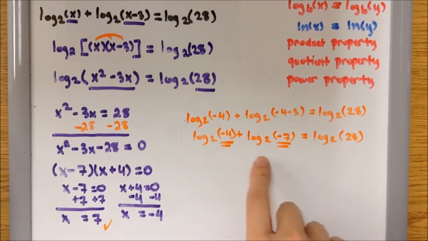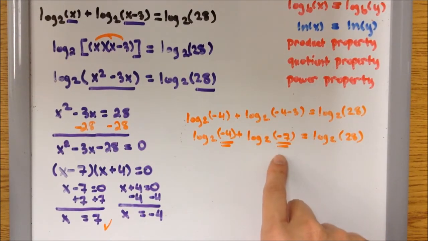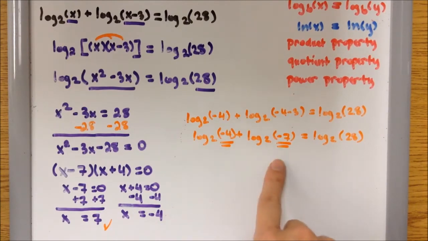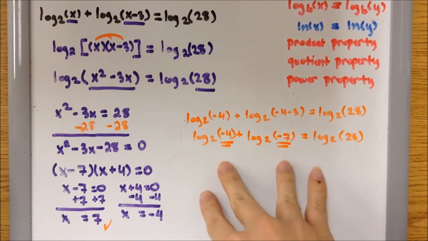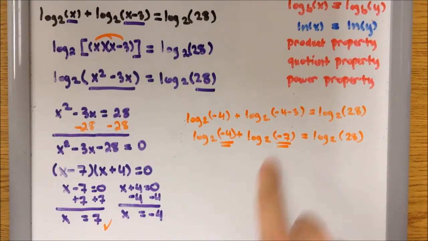After I combine negative 4 and minus 3, I get log base 2 of negative 7. So in the event that you have a negative number inside a log in any one of them, then it's undefined. It won't work. So if you see a negative number inside a log after you check your work, that's where you stop.